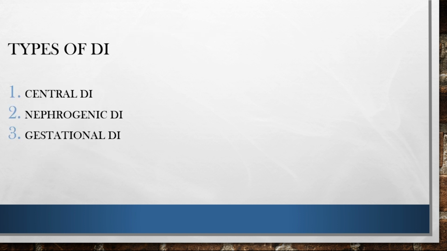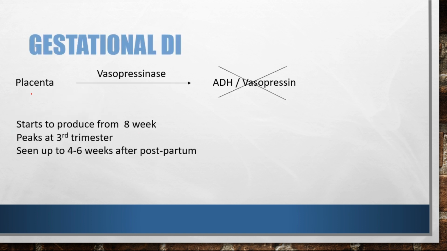The next one is gestational diabetes insipidus. In gestational diabetes insipidus, trophoblast cells found in the placenta will produce vasopressinase enzyme. This enzyme will break down ADH or vasopressin, and the vasopressin cannot function, and that can lead to diabetes insipidus.